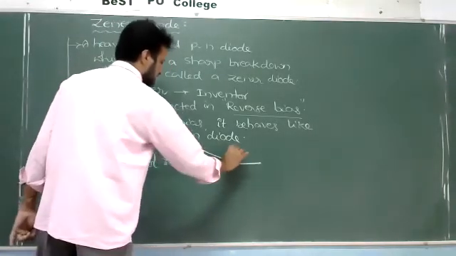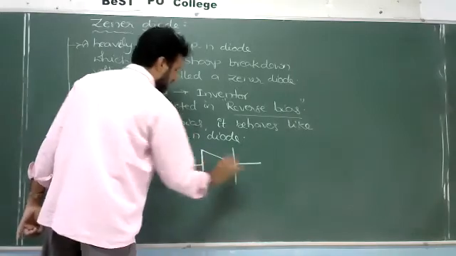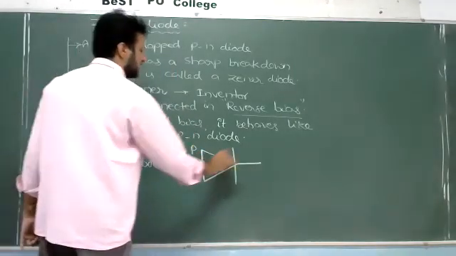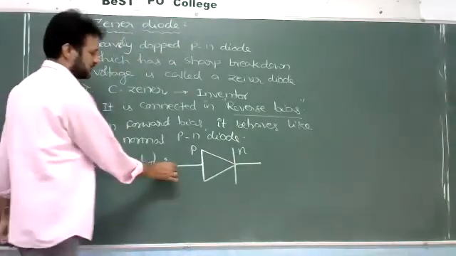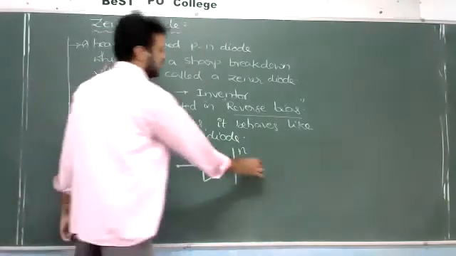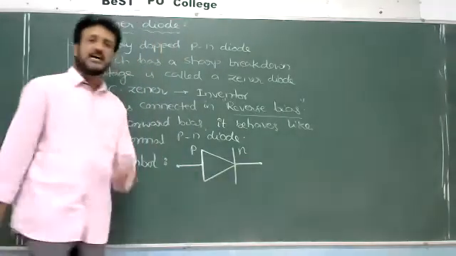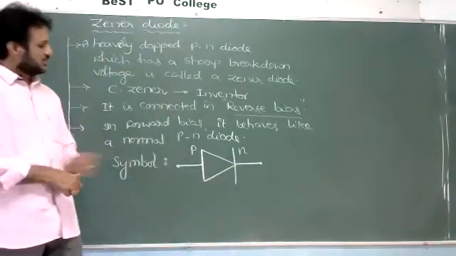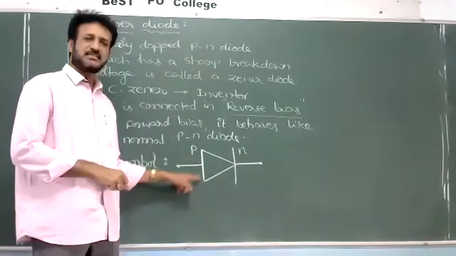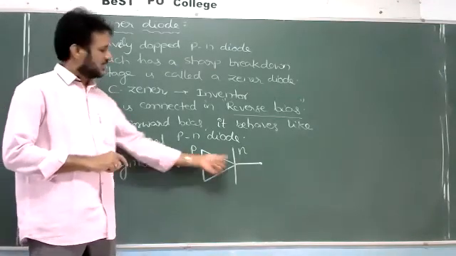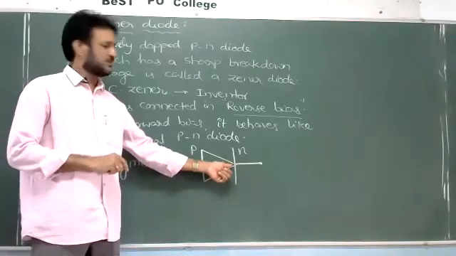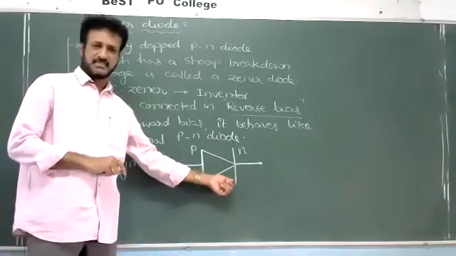You should write it like this: there will be a bar line, the left side is the P type semiconductor and the right side is the N type semiconductor. The bigger side always indicates higher potential, the P type semiconductor, and the right side is lower potential, the N type semiconductor, correct?